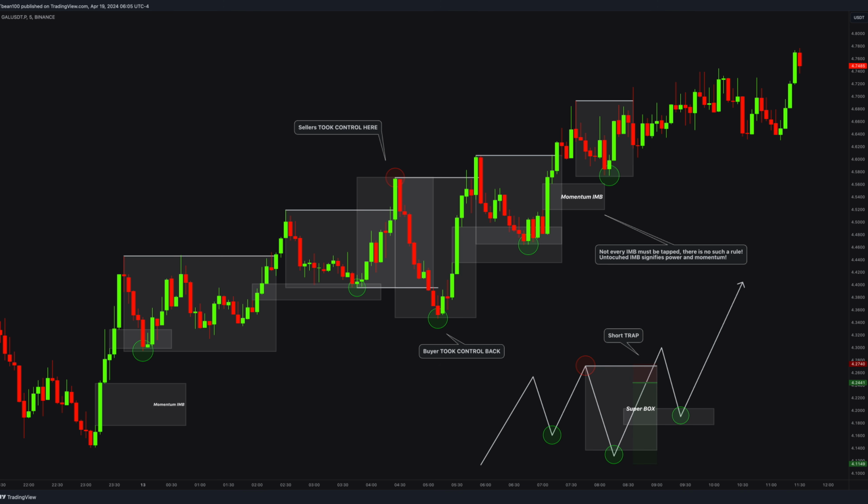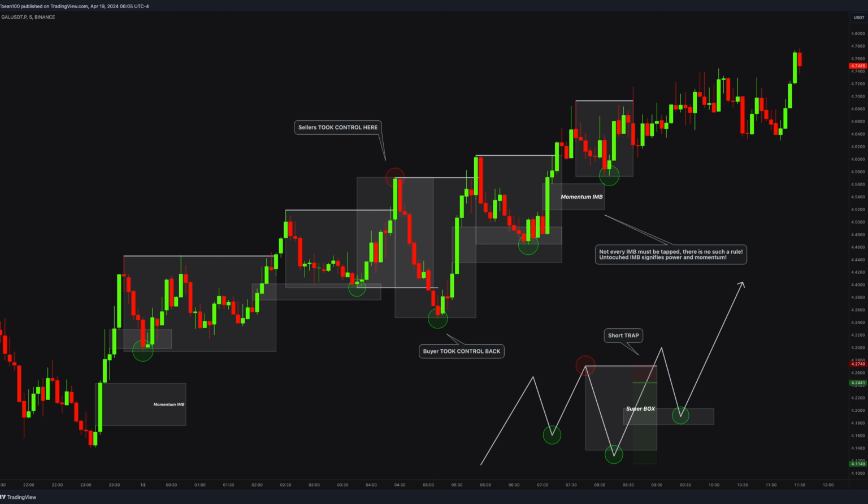Here is a sneak peek of knowledge from the masterclass. Market makers generally love manipulation just like here. They will give the impression of reversing very strong uptrends and attract short traders to open shorts.